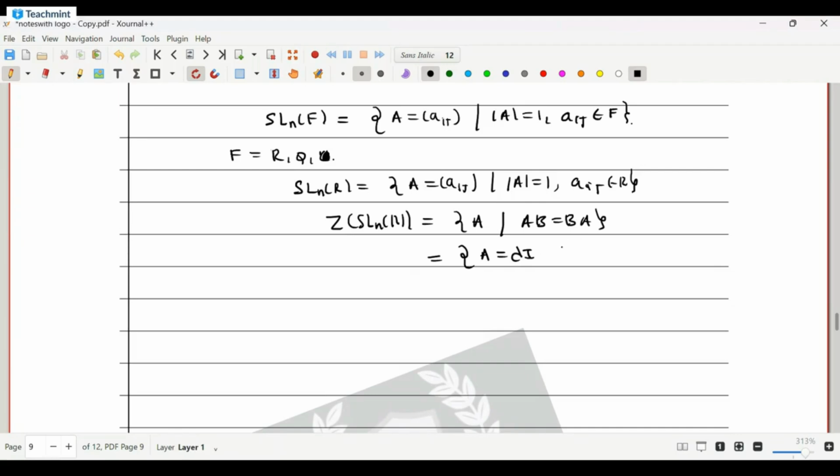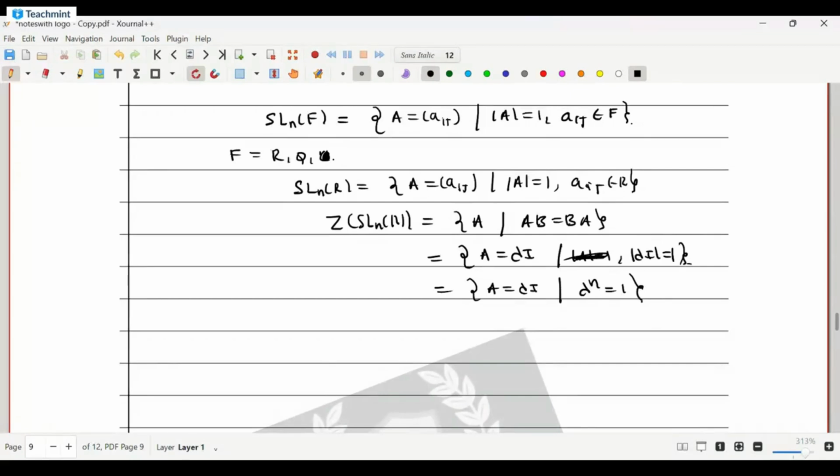So A is equal to lambda I such that determinant of A is equal to 1, sir, which is nothing but determinant of lambda I is equal to 1, where the components of A belong to the real number system. So A is equal to lambda I such that det of lambda I, where I is an n by n matrix, is equal to lambda power n equal to 1. Lambda power n is equal to 1, sir. So what is lambda here, sir? Real numbers. What real solutions are there for lambda power n equal to 1? If n is an even number, then minus 1 whole squared is equal to 1.